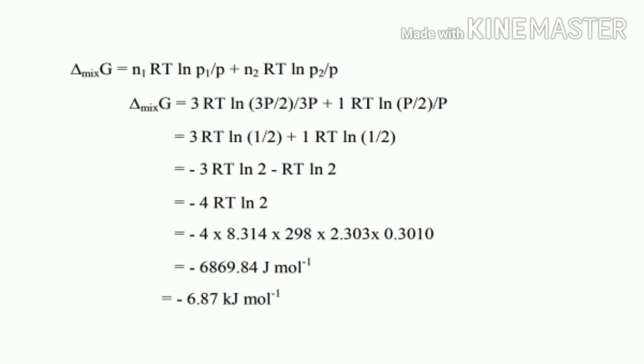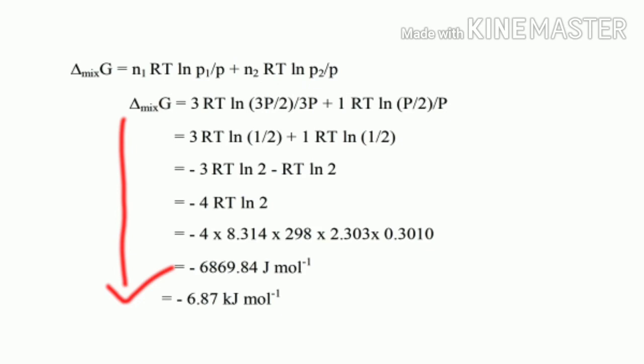So here we are using equation number 4, which gives ΔG mix equal to N1 RT ln P1 by P plus N2 RT ln P2 by P. From this relation we get ΔG mix equal to, replacing N1 by 3, 3 RT ln (3P by 2) divided by 3P, plus 1 into RT ln (P by 2) divided by P, because P2 is equal to P by 2 and small p is equal to the total pressure P. So this implies we can write ΔG mix equal to 3 RT ln half plus 1 RT ln half, which gives minus 3 RT ln 2 minus RT ln 2.